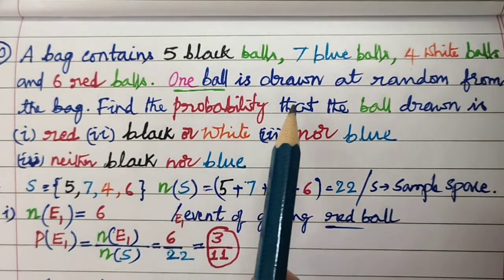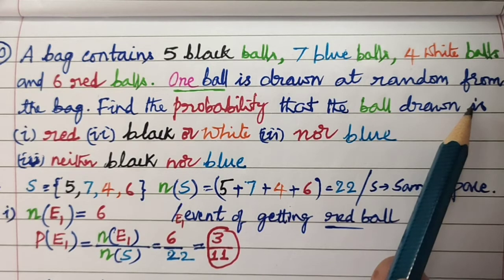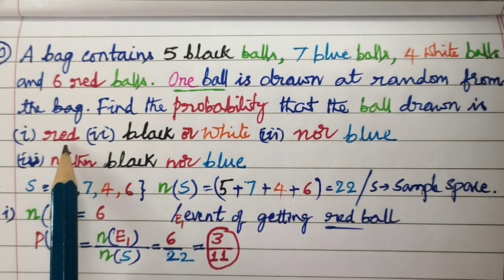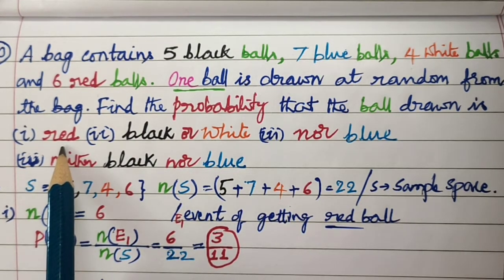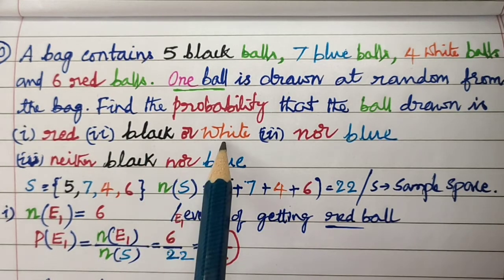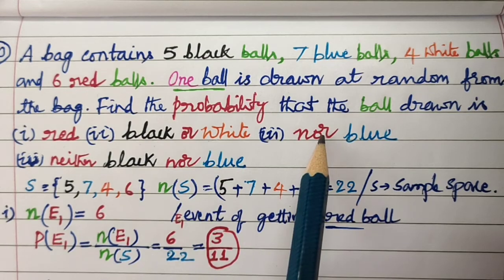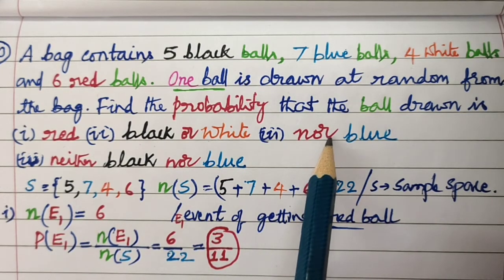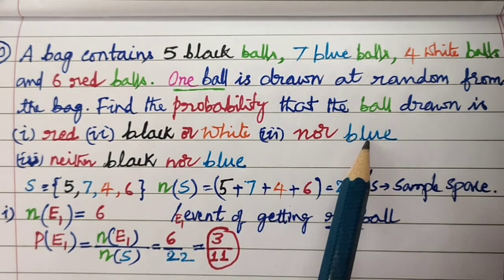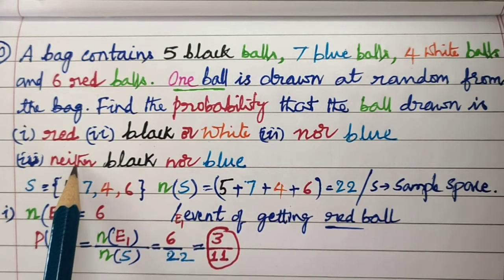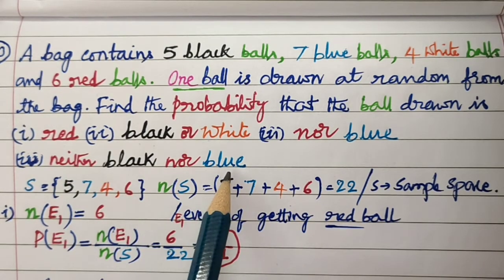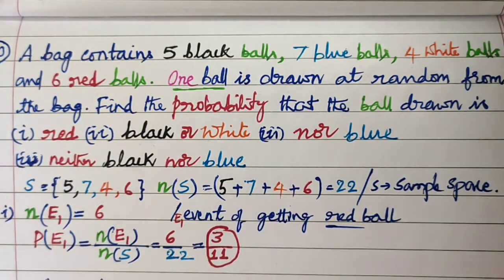Find the probability that the ball drawn is red, the probability of drawing black or white, the probability of not drawing blue, and the probability of drawing neither black nor blue. So these are the things we need to find out.